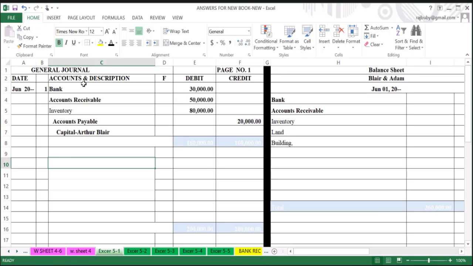First, you have to calculate how much he's bringing as capital. Then the other one. Then you are going to merge them together. The balance sheet is going to be merged together. Calculate the capital. When you calculate all the assets, then minus the liabilities, that is your capital, right?